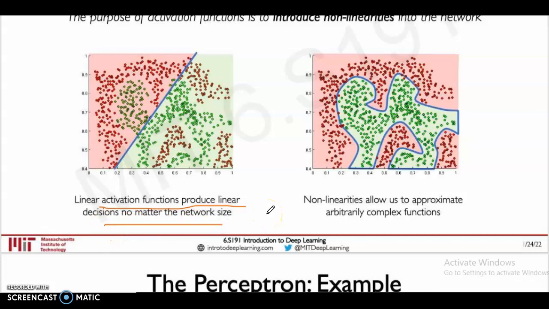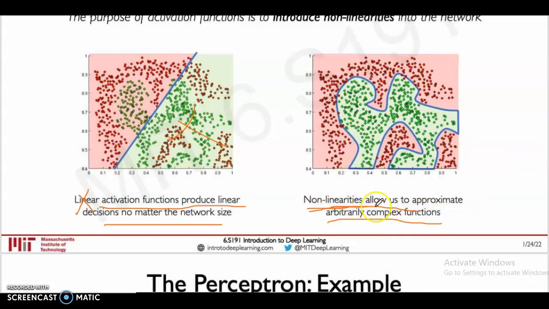Then what will we do? Non-linearities allow us to approximate arbitrarily complex functions. This is very important, please listen carefully.